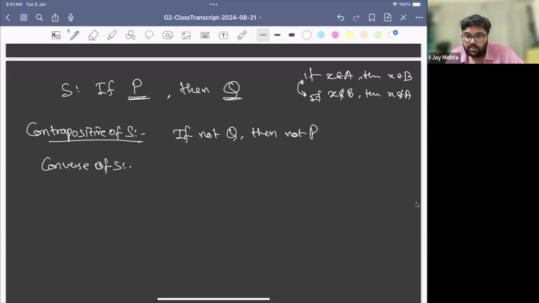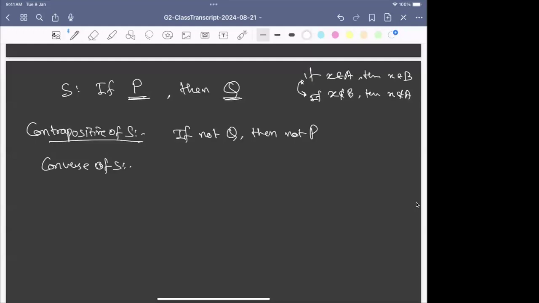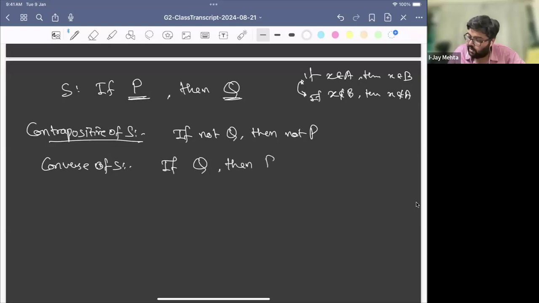Somebody else, maybe. Room number 2, Vishwa. Can you answer? Okay, room number 3, Heath. If Q, then P. Yes, if Q, then P. Natural question, right? Suppose Q is true, then P is true.